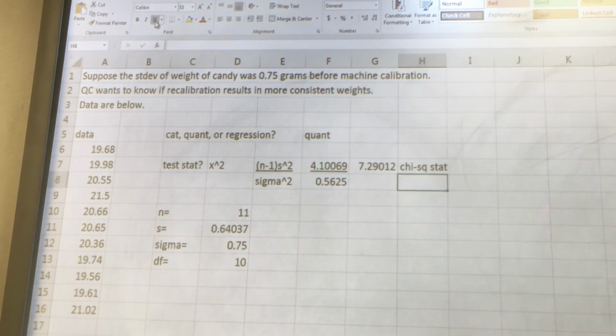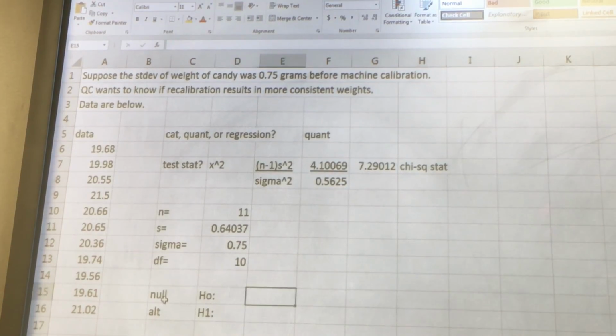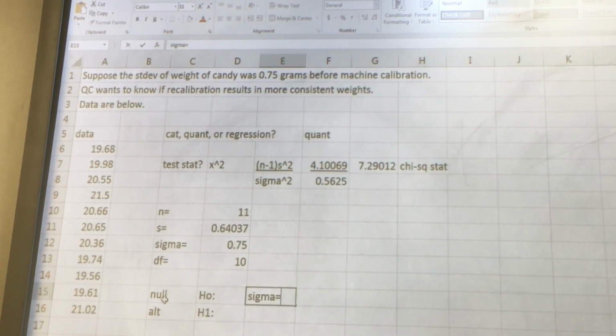All right. So now, next step is my null and my alternative hypothesis, right? So H sub 0 and H sub 1. Okay? My null hypothesis is what? Sigma equals 0.75.